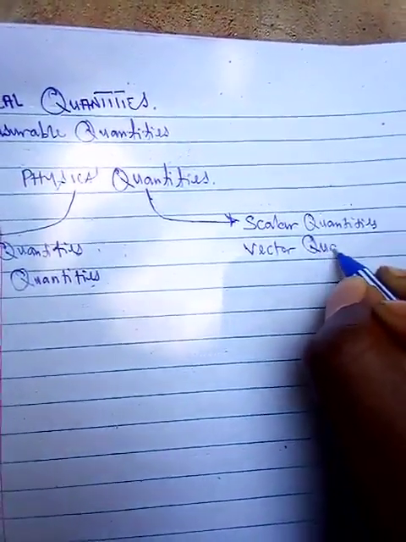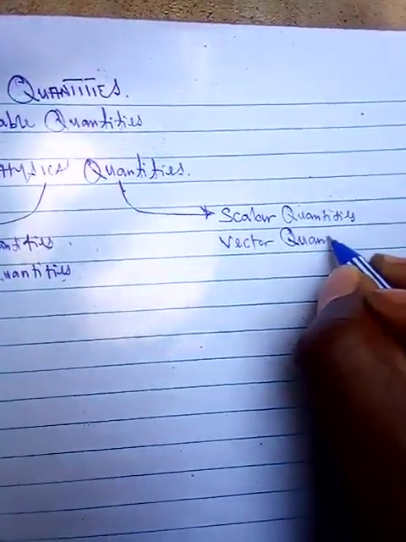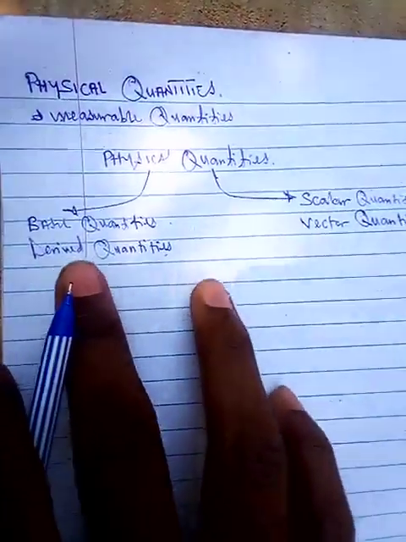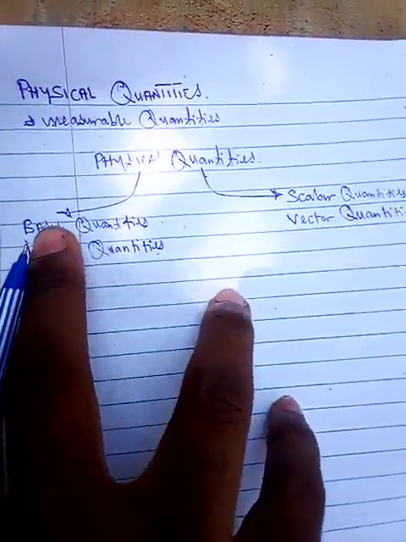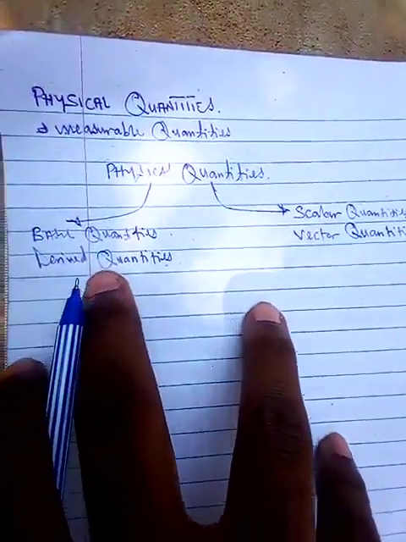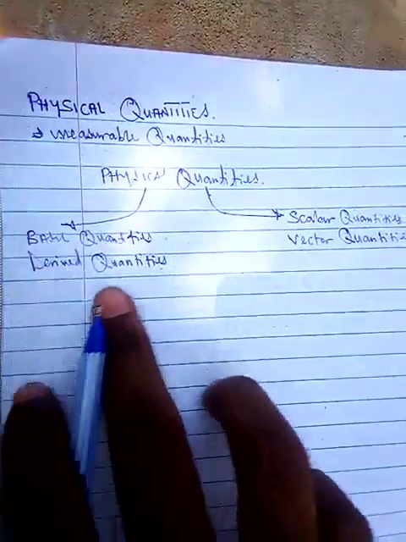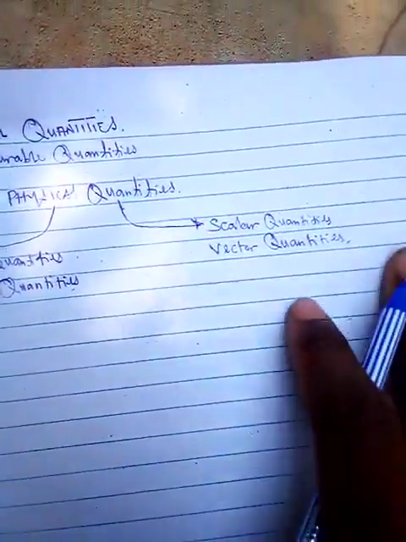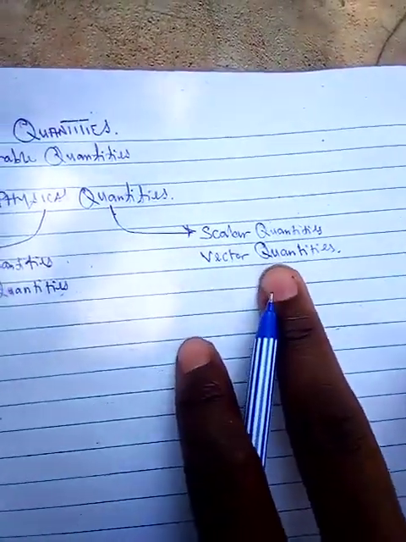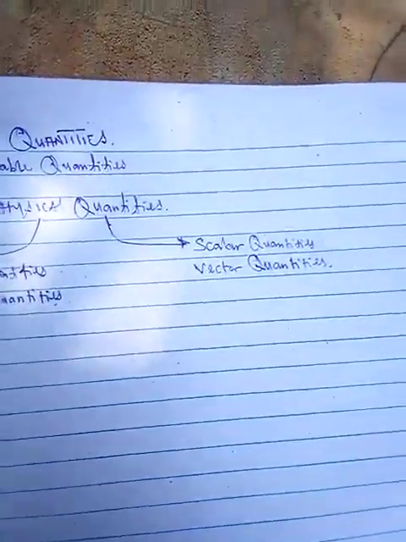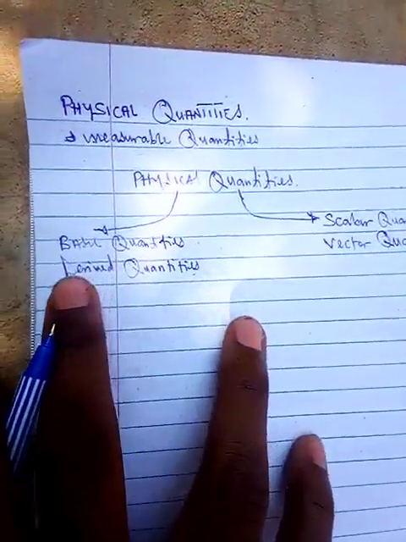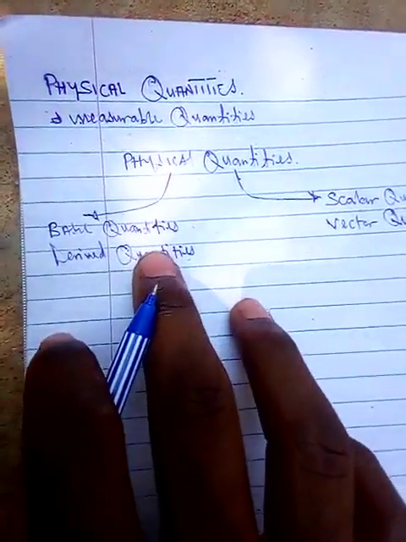So physical quantities can be classified as either basic or derived, or the other way, as either scalar or vector quantities. So what can we say about basic quantities? What can we say about derived quantities?